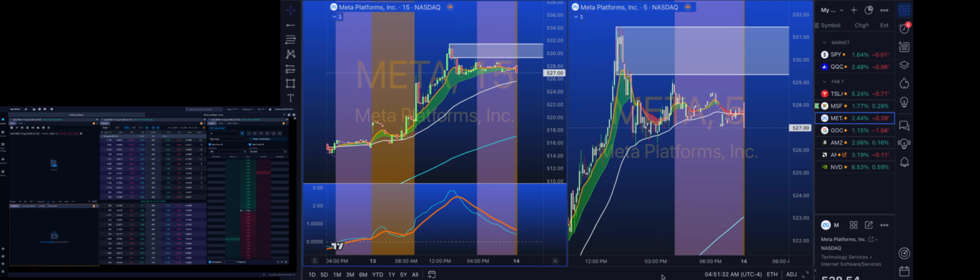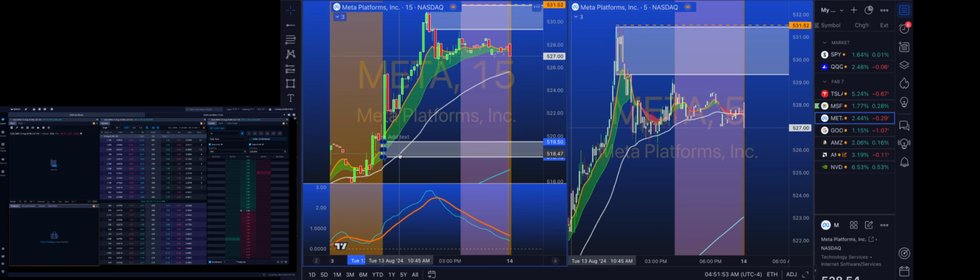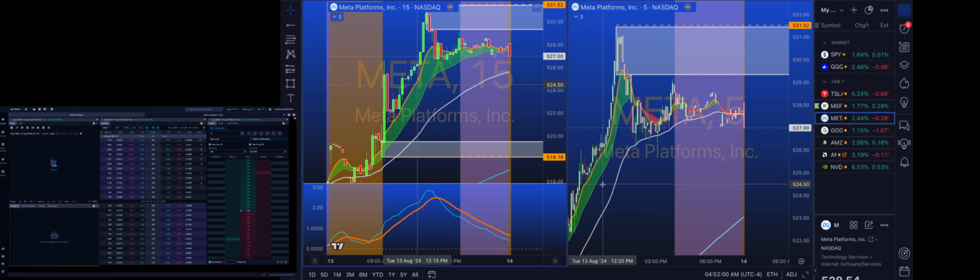So to go long, I need price to break above 531.52, and to go short on Meta, I need price to break below 518.18, and that's on Meta. So I have Meta on watch too to go long.